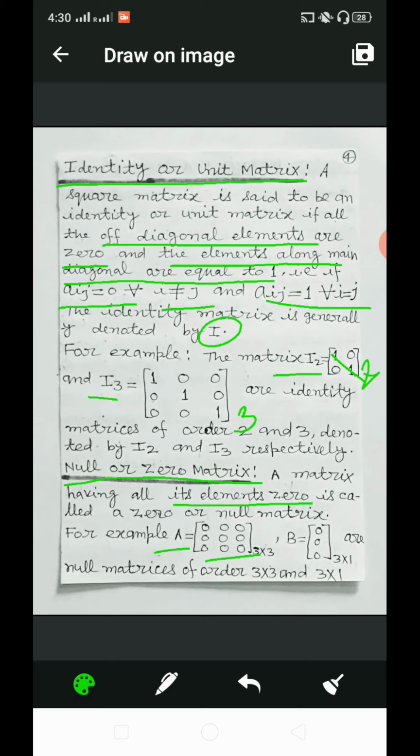Here matrix A of order 3, this is also a square matrix and all the elements are 0. Here matrix B of order 3 by 1, and here the elements of this matrix are 0, and these are null matrices of order 3 by 3 and 3 by 1 respectively.